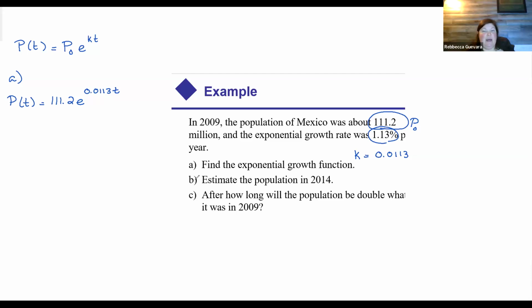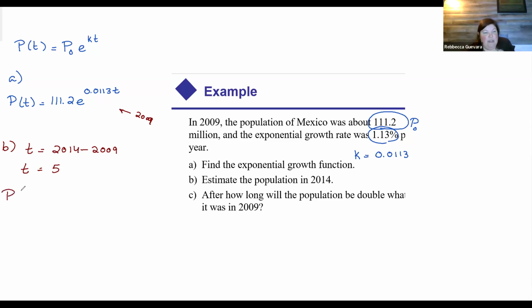So if we want to estimate the population in 2014, remember this is all starting in 2009. T would have to be 2014 minus 2009, since that was my initial starting period. So I want to know what the population is 5 years from 2009.